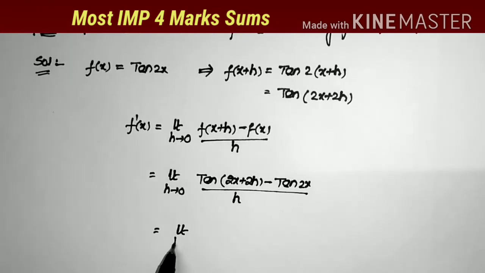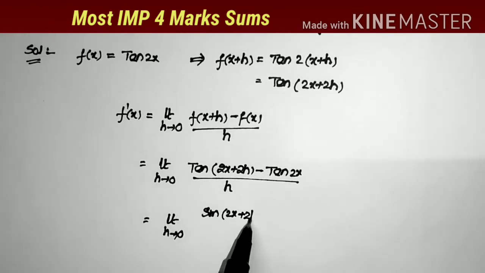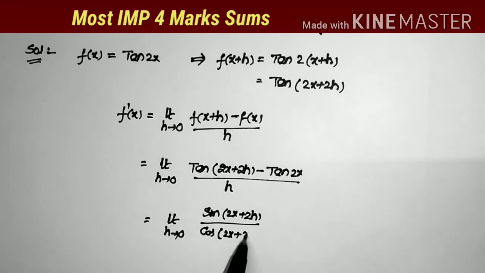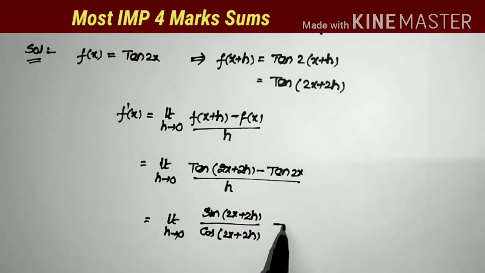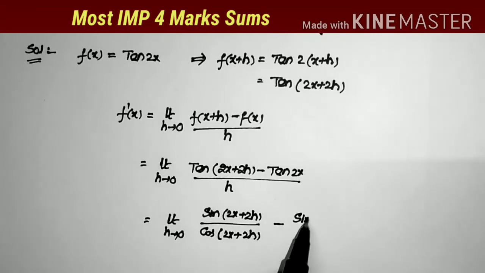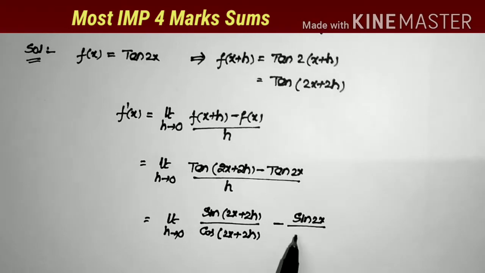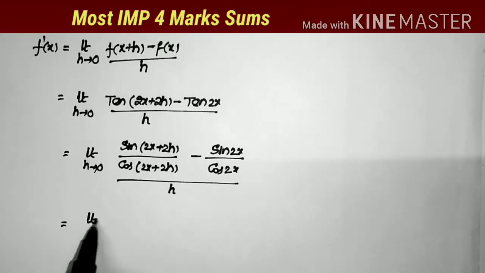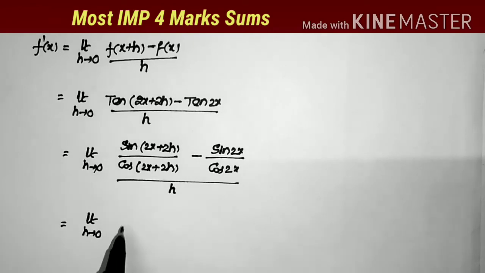Now, what is tan x? Tan x is equal to sin x by cos x. So tan of 2x plus 2h is sin of 2x plus 2h by cos of 2x plus 2h, minus tan 2x, which is sin 2x by cos 2x. That is converting the tan function into the form sin x by cos x. Now this is equal to limit h tends to 0.